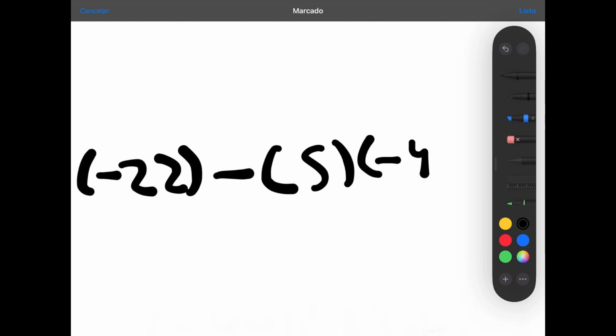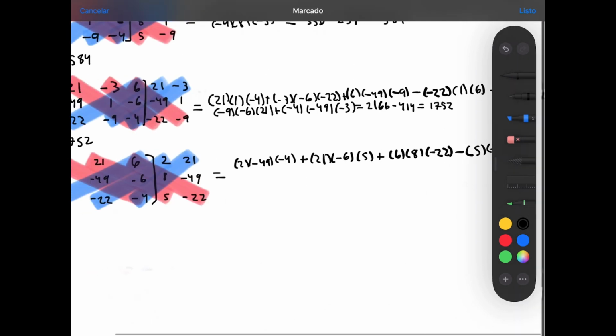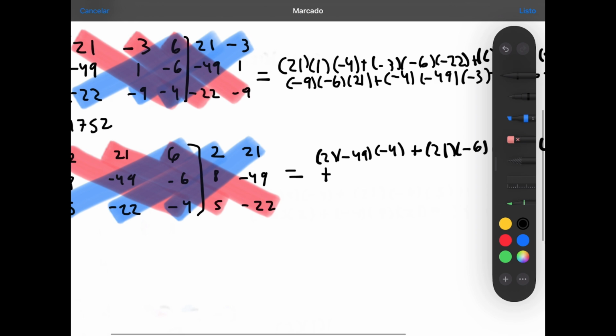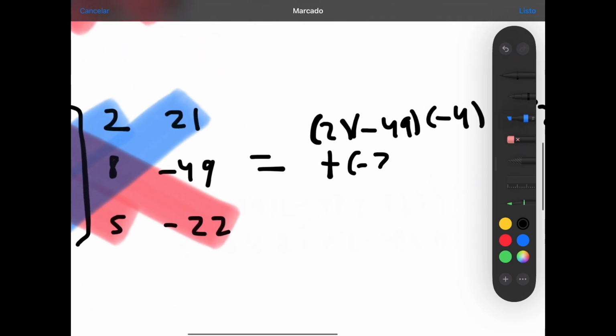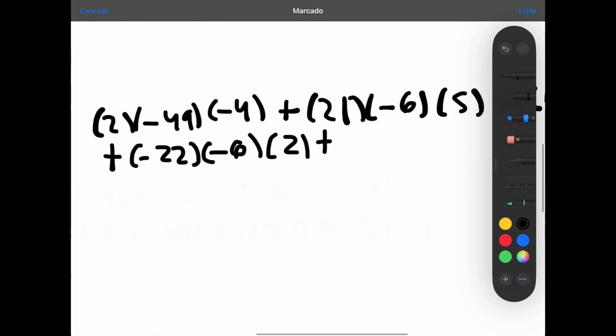So 5 minus 49, 6 plus minus 22 minus 6 and 2 plus minus 4, 8 and 21.